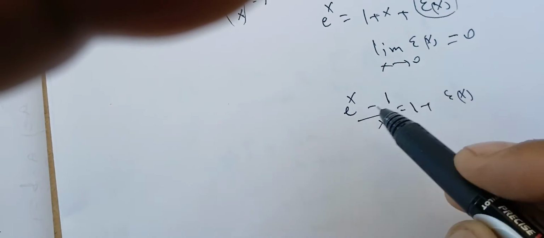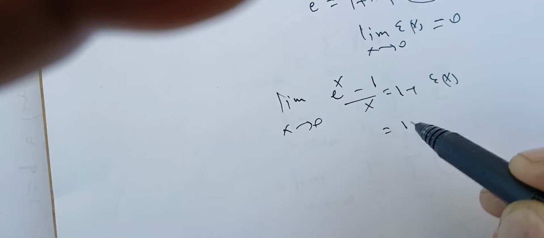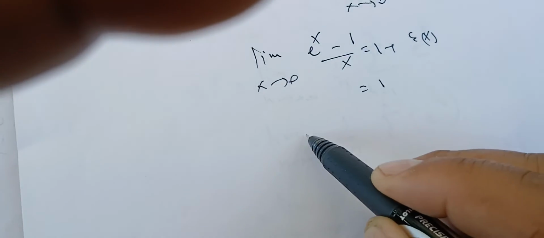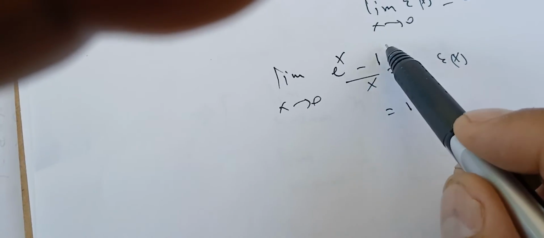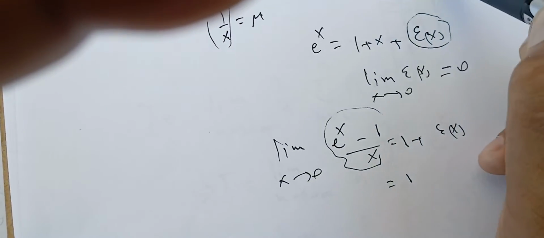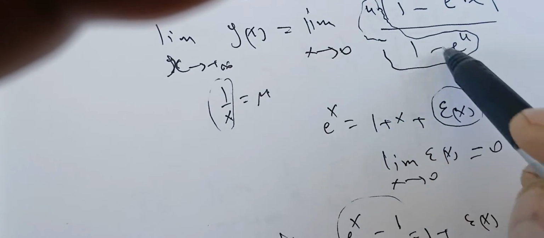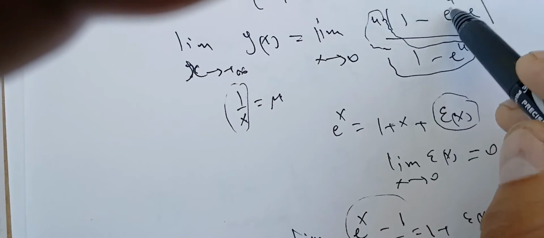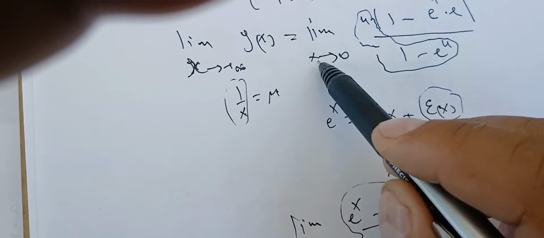Okay, this limit as x goes to 0 is 1. So we have the limit of this one here. So now we have this part as this one here. We have that this one goes to 1, and e to the power u goes to 1 as u goes to 0.